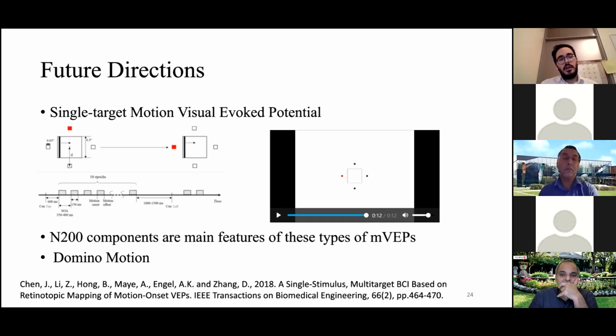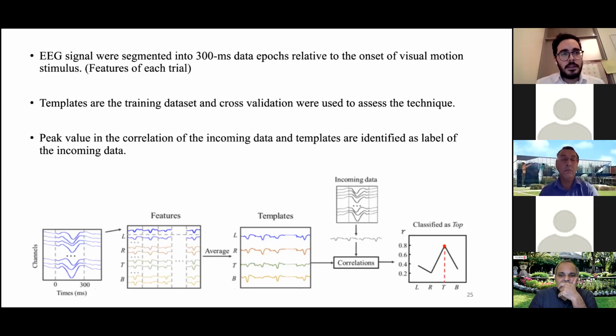N200 components are the main features of these types of MVPs, and a supervised technique can be used for classifying the target in these motions. We segmented our EEG signals into 300 millisecond data epochs, and based on the correlation between the incoming data and the template signal, we can label an unknown EEG signal.